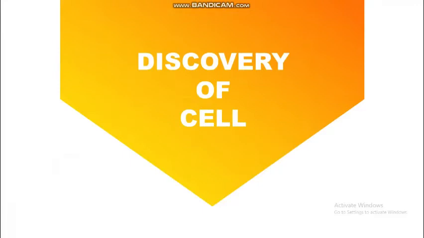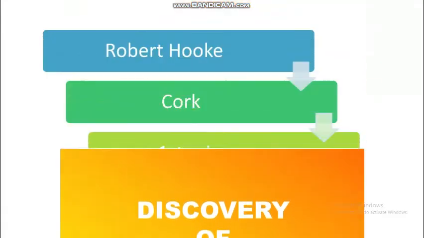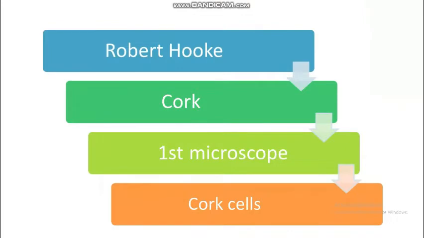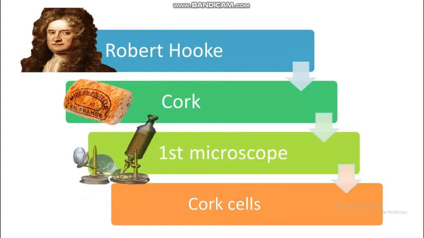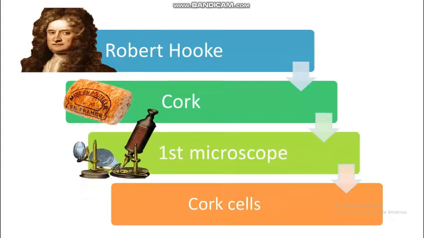So coming to the discovery of cell part. The scientist who discovered the cell was Robert Hooke, and he used a simple cork like this. He took a section of it, and with the help of his very own microscope that he invented himself for the first time, he showed the cells and how they look under the microscope.